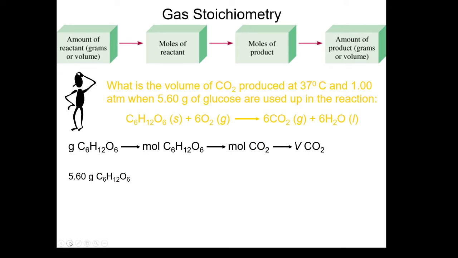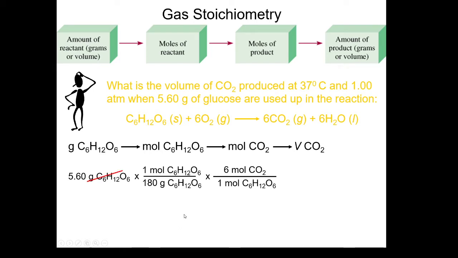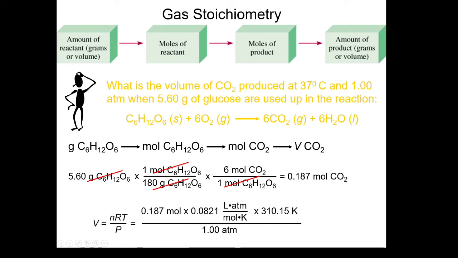So let's do the problem. Convert it to moles using the molar mass. Use the mole ratio, 6 to 1. Find the moles of CO2. Now plug it into PV equals nRT. Guys, it's nothing new from what you've been doing.